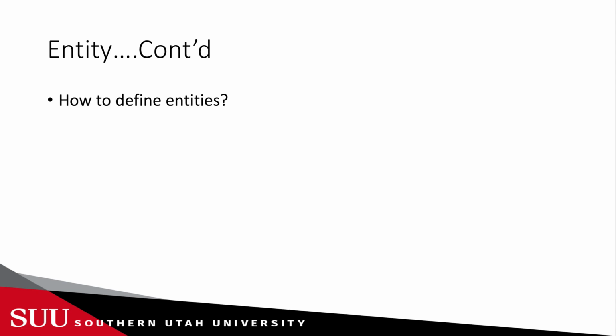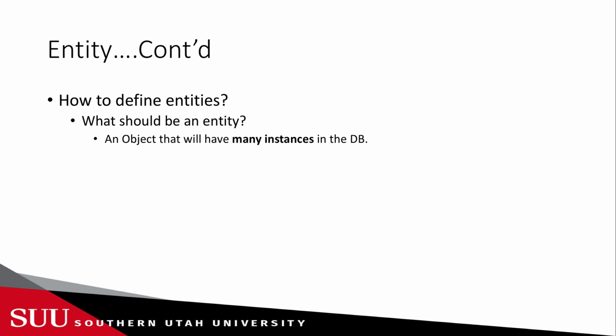So how do we define entities? What should be an entity and what should not be an entity? Let's first start with what should be an entity. Any object that will have many instances in our database is an entity.